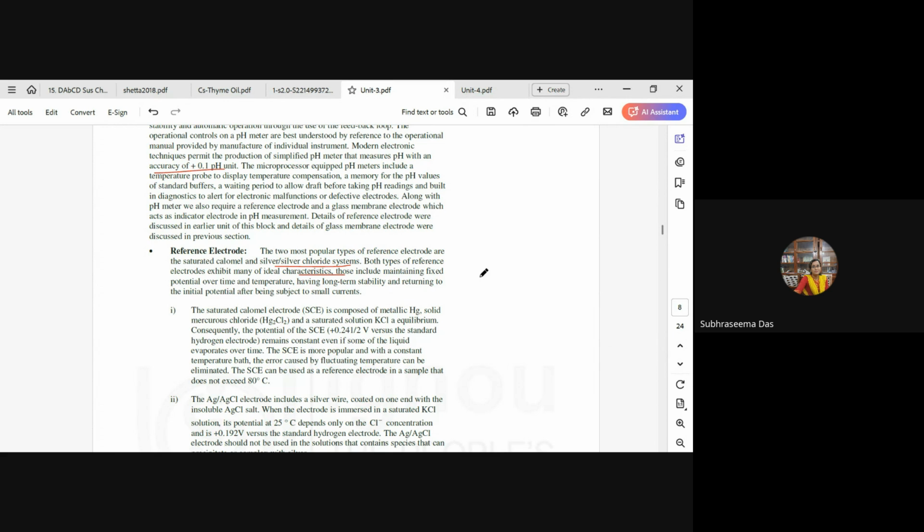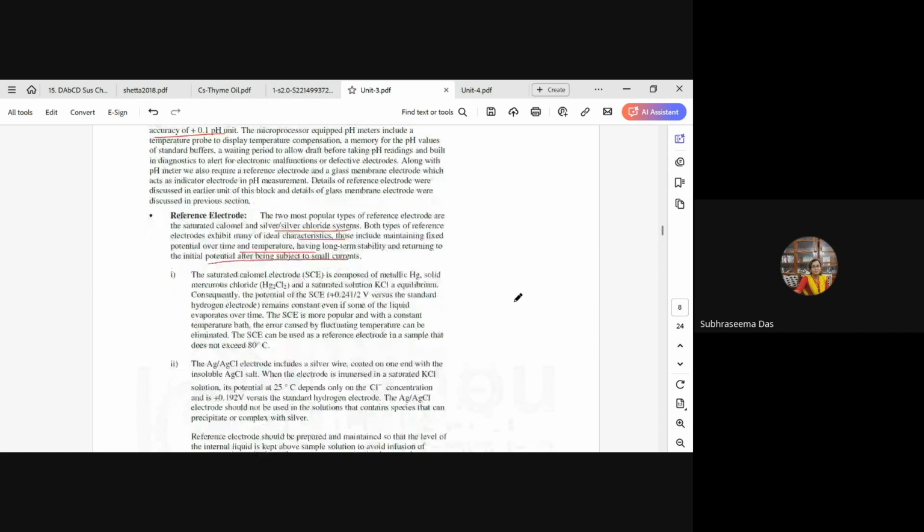They have fixed potential over time and temperature, and the potential does not change with time and temperature. They have long term stability, and they return to their initial potential after being subjected to small changes in current. Because of these three important characteristics, the saturated calomel electrode and AgCl electrode find much prominence among reference electrodes.